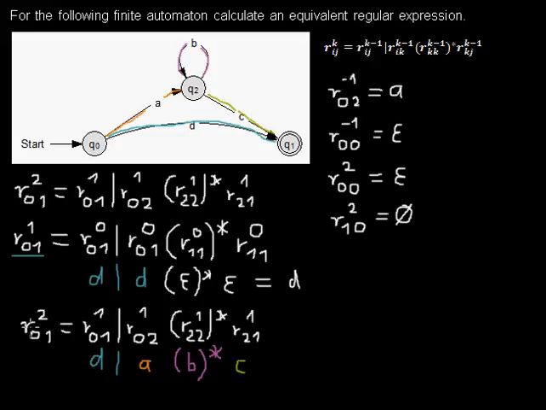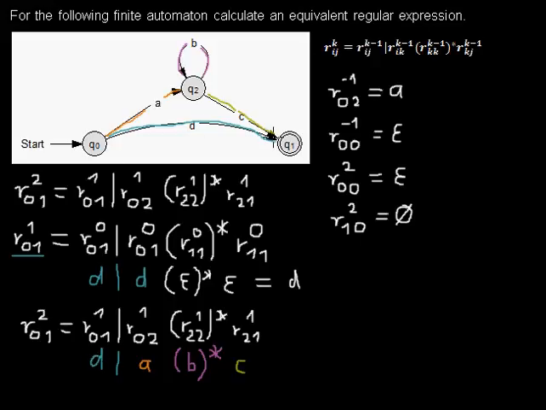And, well, I constructed the automaton so that you can see how the formula works. So here's my expression for the whole automaton that's equivalent to this regular expression. And the formula just gave me the two possibilities. In one case, I can go directly from the initial state to the final state without going through the other state.